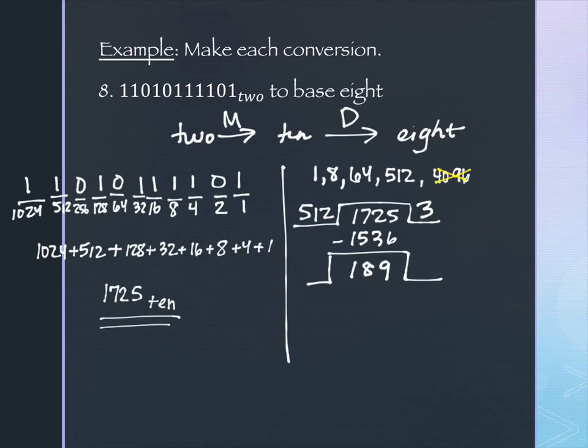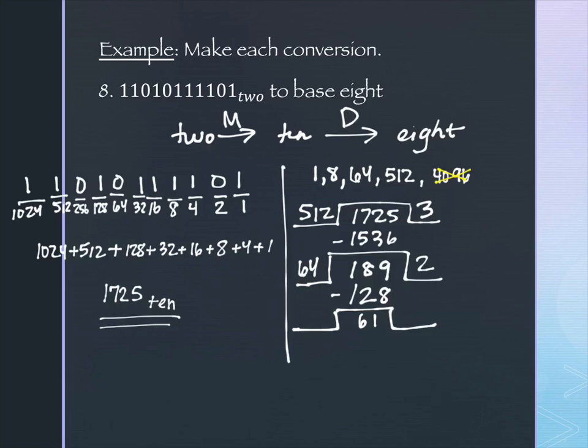And we'll divide by 64. How many 64s are in 189? 2 or 3? I don't know. 2. It's close. All right, 2. 2 times 64 is 128. I subtract and I get what? 61.